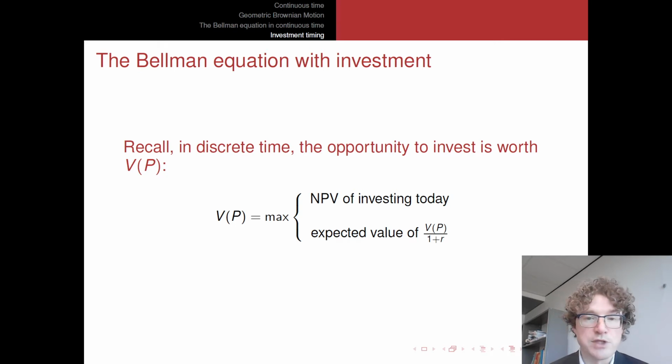That option tomorrow will again have a value V as a function of P, with P the price tomorrow, but now discounted by 1 plus r. That gave us this Bellman equation with the decision that we have to make each period in time.